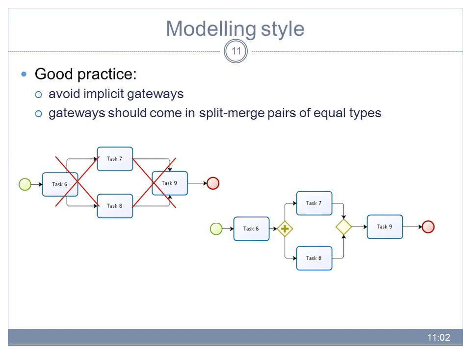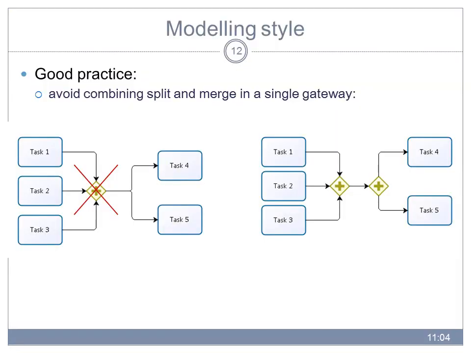It's also a kind of stranger behavior. In general, the advice is that gateways should come in split-merge pairs of equal type. So an AND split should be followed by an AND merge, and an XOR split should be followed by an XOR merge. This would be a better practice than this hybrid combination of gateways.